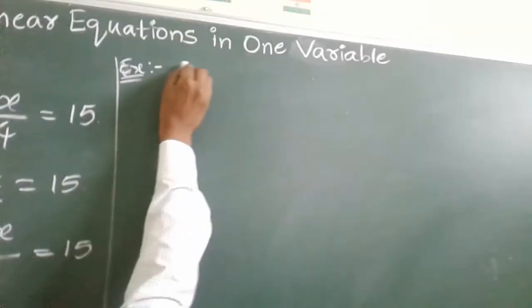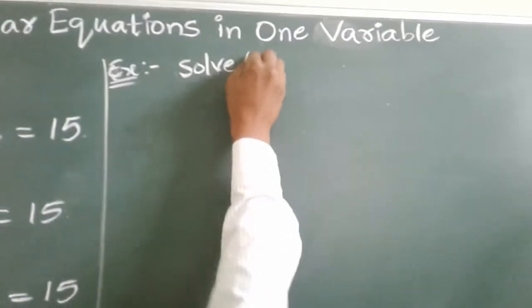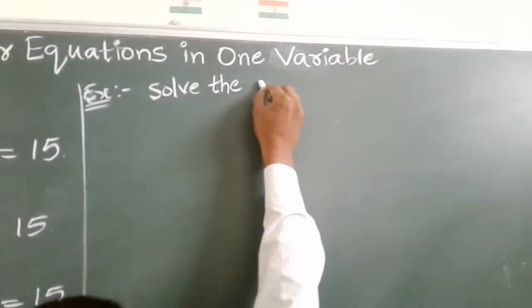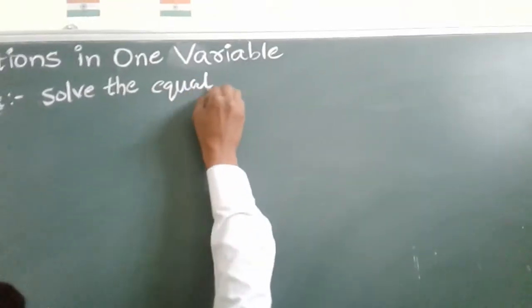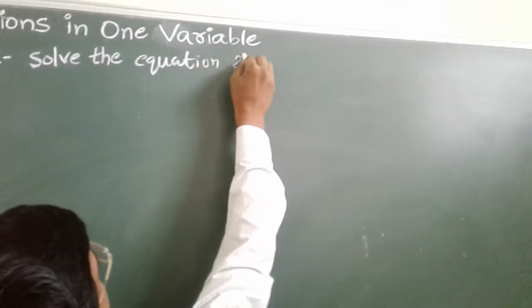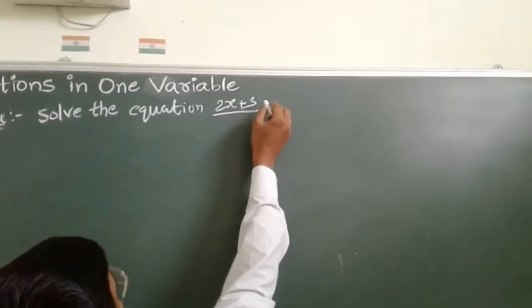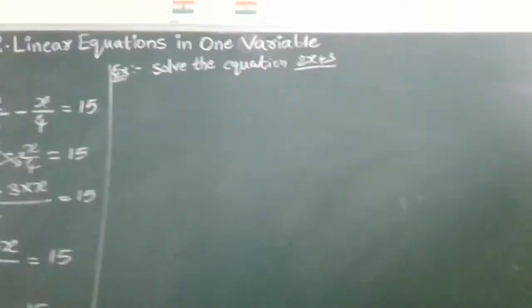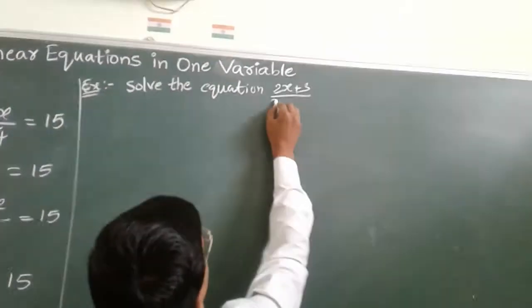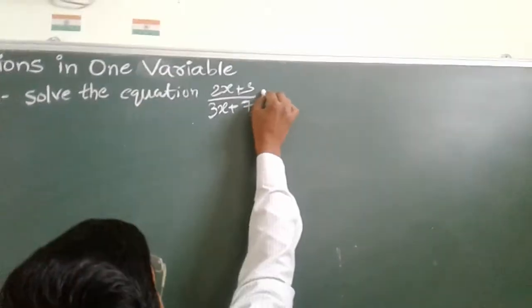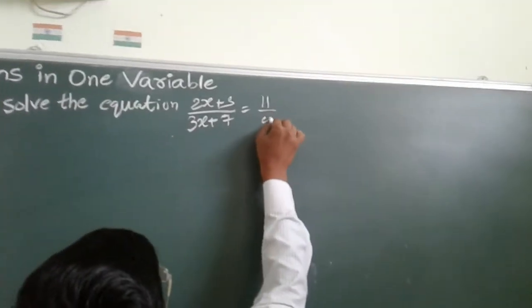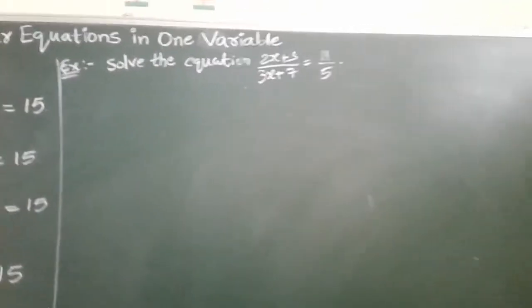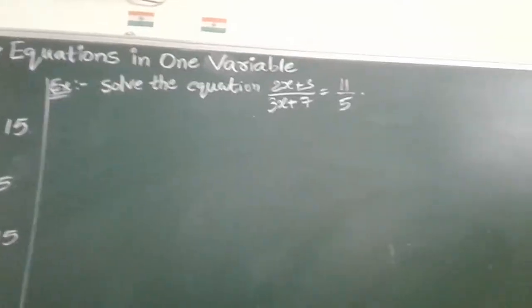Next example, solve the equation 2x plus 3 by 3x plus 7 is equal to 11 by 5.